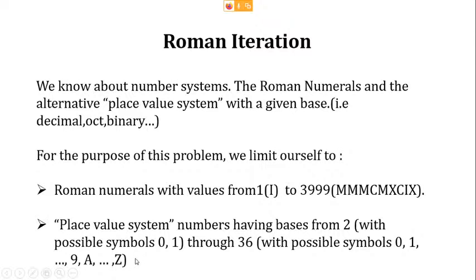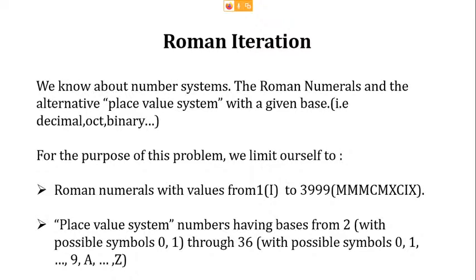Let me repeat what we read so far. This particular program is all about the number system. Whenever we talk about number systems, there are only two: one is Roman numerals and the other is the place value system. In Roman numerals we have Roman letters, and in the place value system we have symbols depending upon the base value.